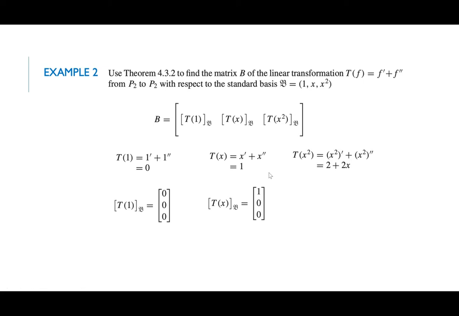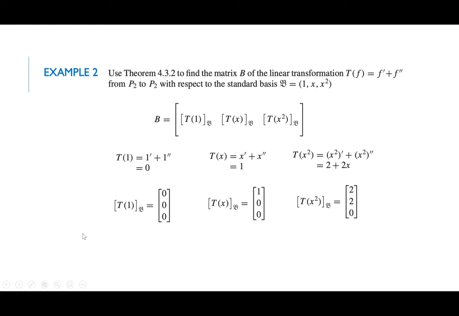And let's do it now with x squared. Okay, first derivative of x squared is 2x. Second derivative of x squared is 2. And so what is this in terms of our basis vectors? Well, this is 2 times the first basis vector plus 2 times the second basis vector plus 0 times the third. So there we go.